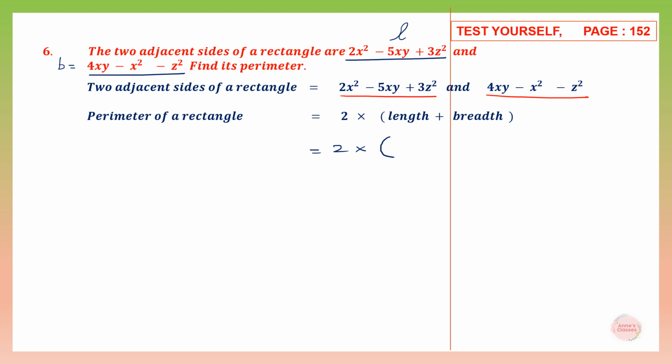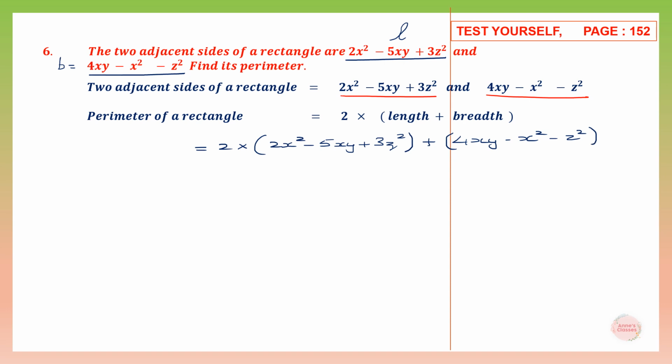Like I said, we will take one of these sides to be the length and the other to be the breadth. Any one can be written first. So let's write this first. So this is 2x square minus 5xy plus 3z square. Now this one plus the breadth, which is the other side, which is 4xy minus x square minus z square.